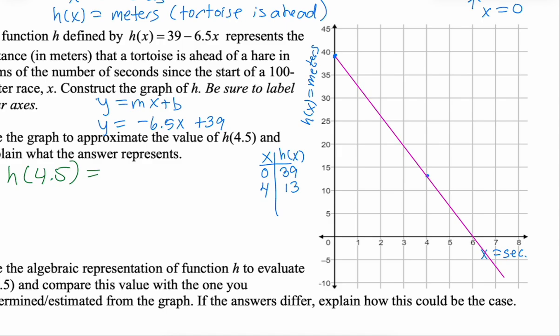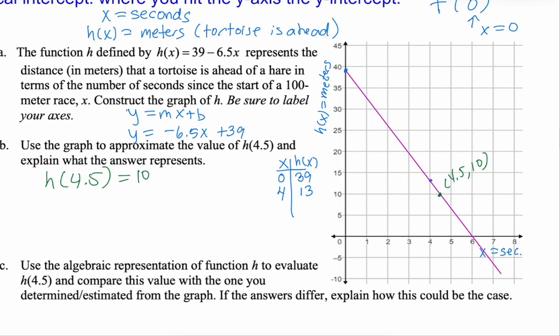Can anybody tell me what point you found at 4.5? Yes, 10. I think 10 is a good estimate. So that looks like 4.5, 10. Now, what does that represent? Well, that means that at the 4.5 second mark, the tortoise is 10 meters, because it's positive, ahead of the hare. So that's what that means.